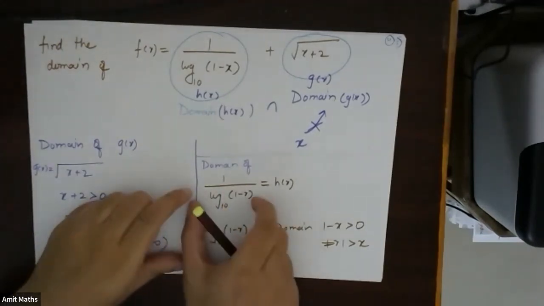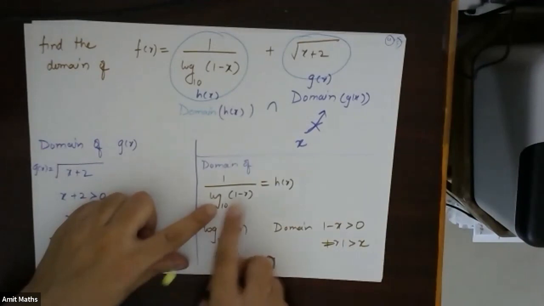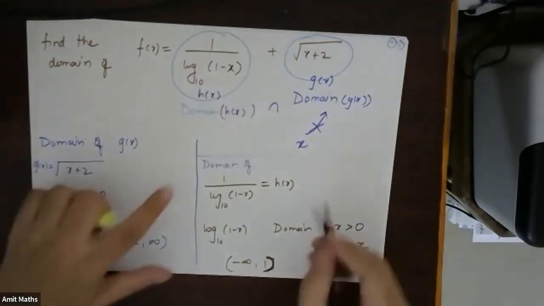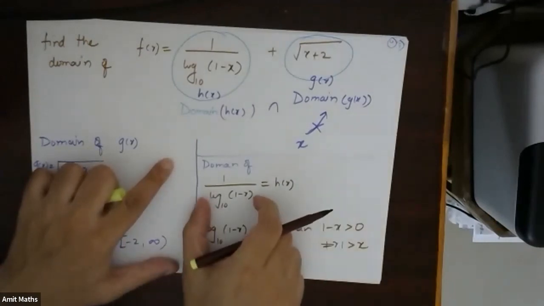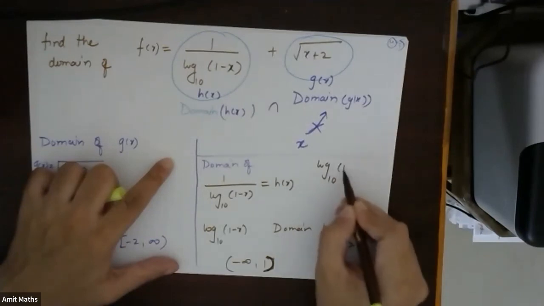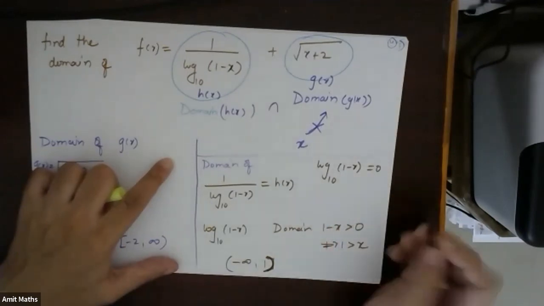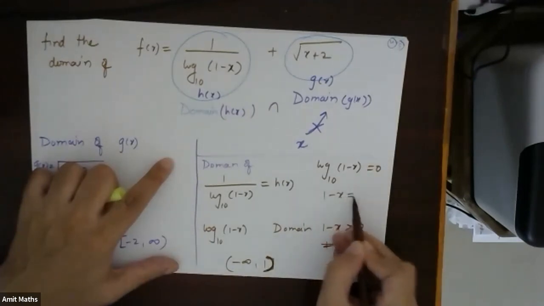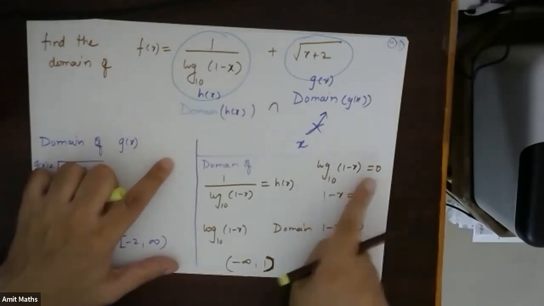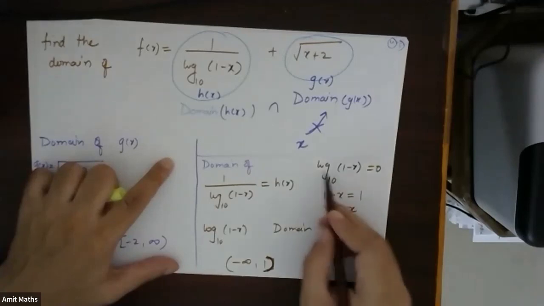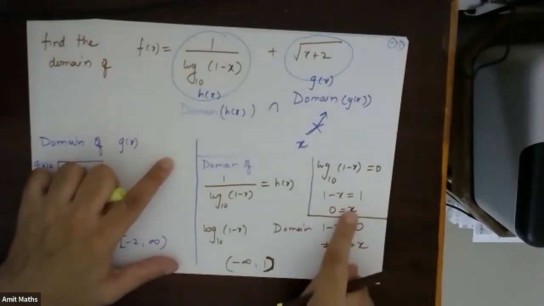Log base 10 of 1 minus x can also take 0 value, and I have to remove that x. So log base 10 of 1 minus x is equal to 0 when 1 minus x is equal to 1, that means x is equal to 0.